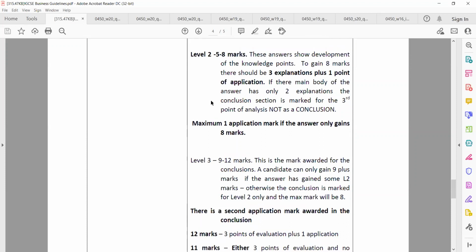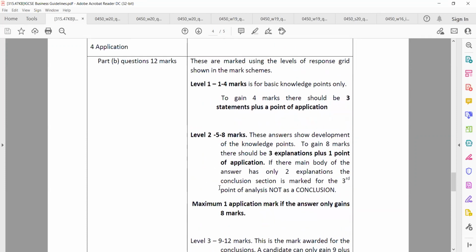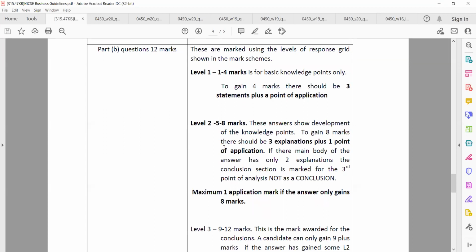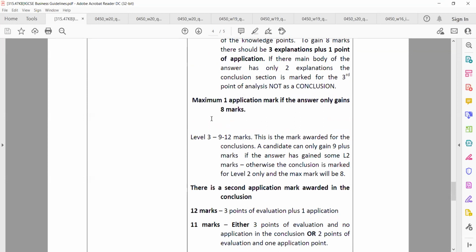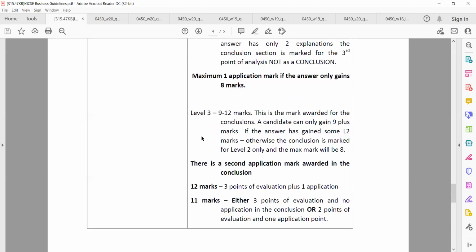If you are in level 2, meaning level 1 and 2 have no evaluation yet. If you stop at level 1 and level 2, you don't have any evaluation score yet. If you want to get evaluation, you should be aiming for level 3. In level 3, there will be 3 evaluation marks and then 1 more for application.